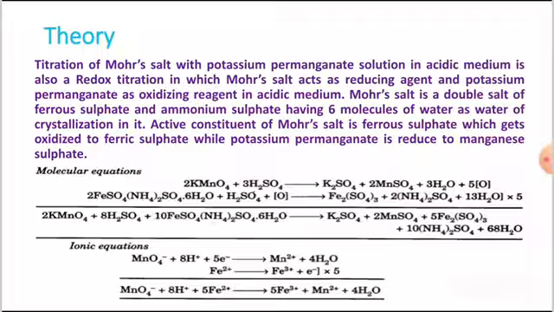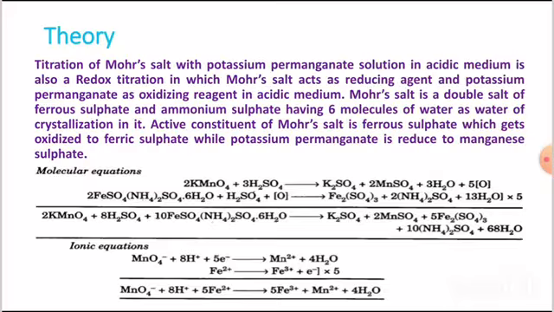Here is the molecular reaction: KMnO4 in acidic medium forms potassium sulfate, manganese sulfate, water and oxygen. In the second step, ferrous ammonium sulfate reacts in acidic medium in presence of oxygen to form ferric sulfate, ammonium sulfate and water.